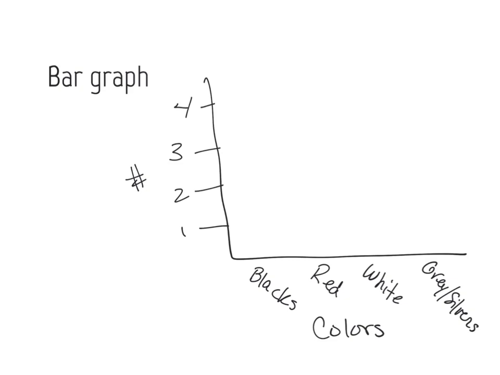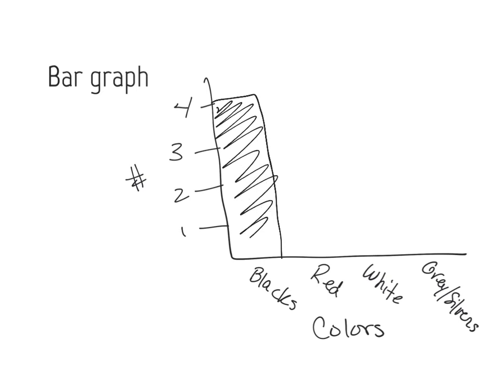So if we take a look, we had 4. So I'm going to make a bar that goes up to 4, and I'm going to make it black. Red, I'm going to make another bar that goes up to 1, and I'm going to color it in red.